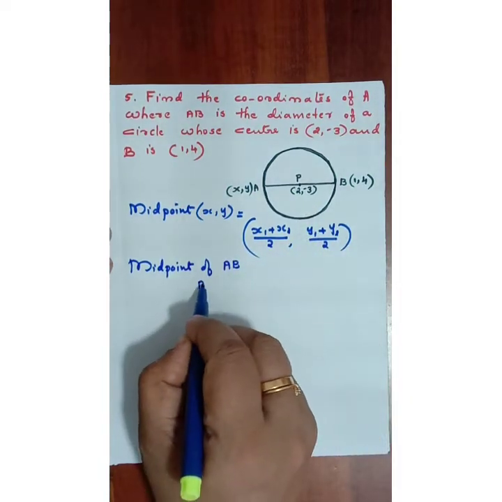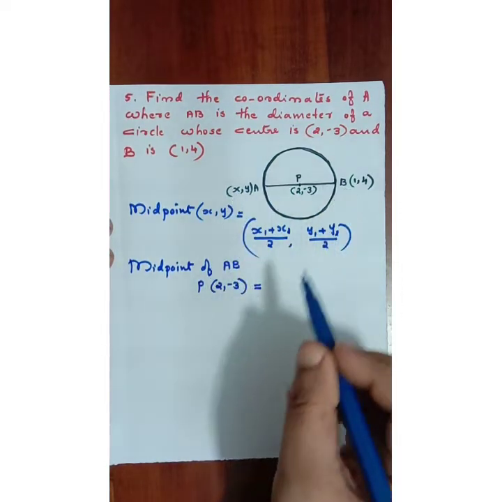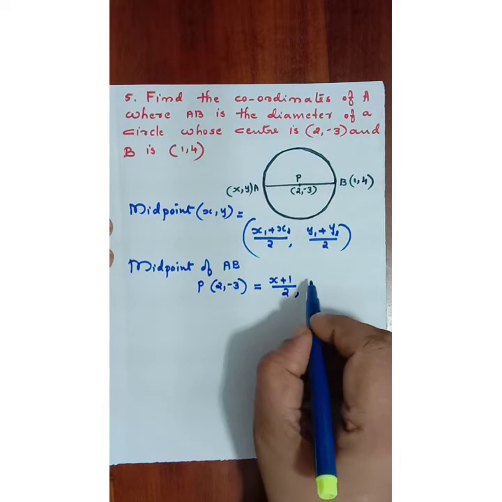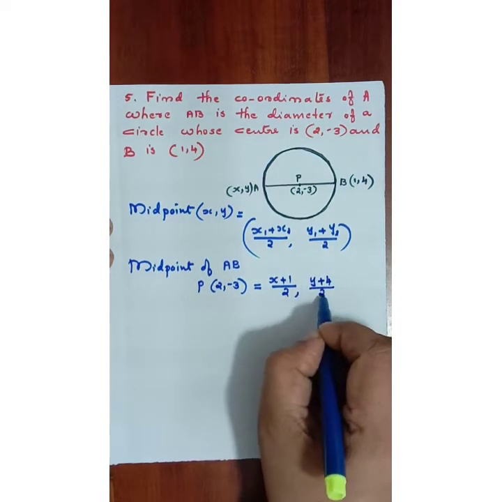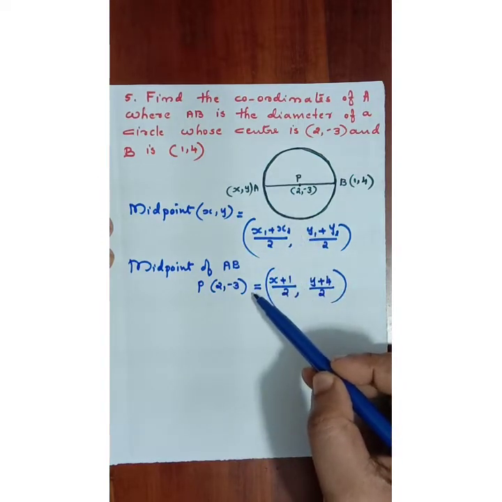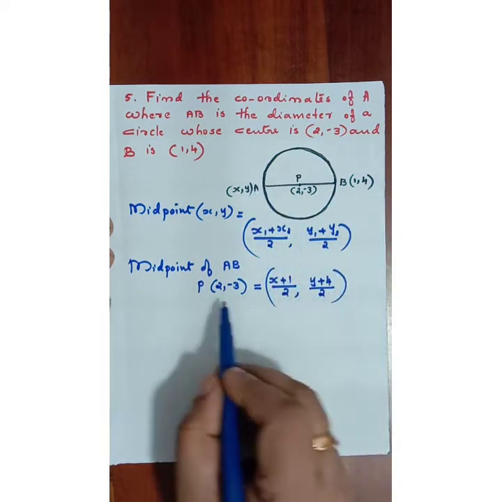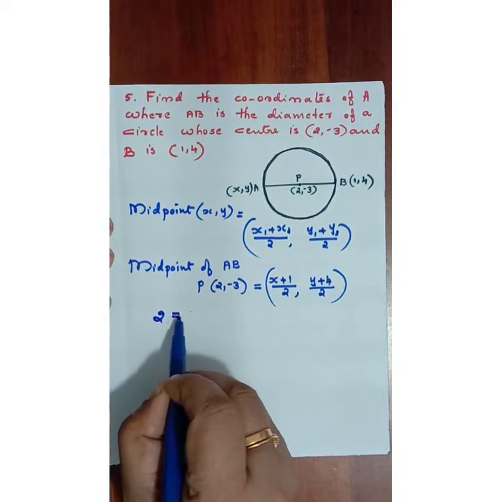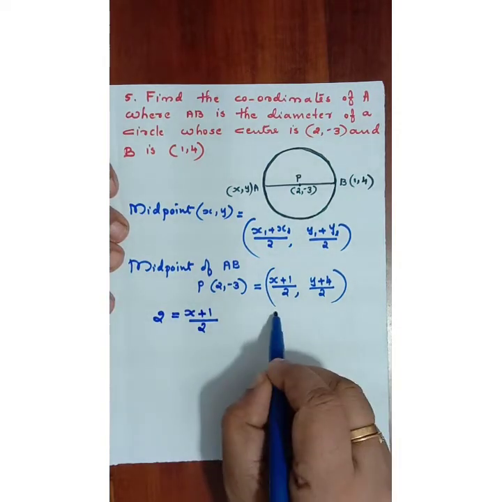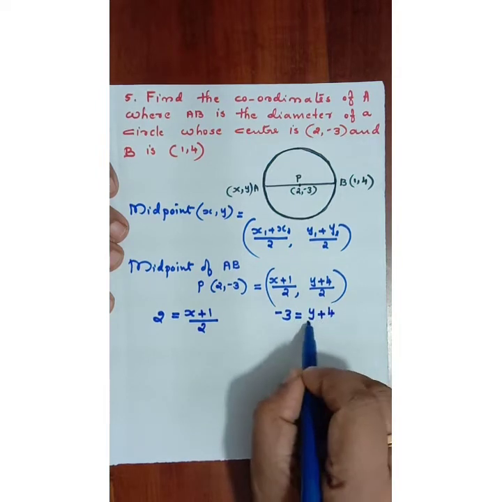Already it is given as P, 2 negative 3, equal to x1 plus x2, that is x plus 1 by 2, y1 plus y2, y plus 4 by 2. Hope you understood. We are taking midpoint equal to x1 plus x2 by 2, y1 plus y2 by 2. Compare both. So x coordinate is 2 equal to x plus 1 by 2, and y coordinate negative 3 is equal to y plus 4 by 2.